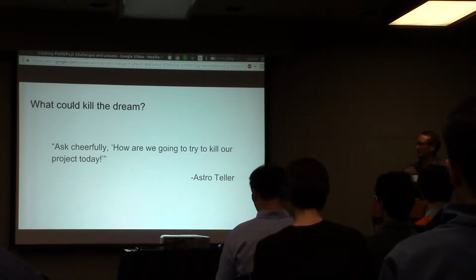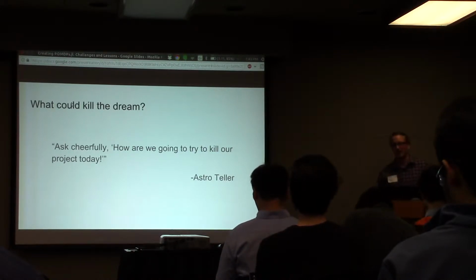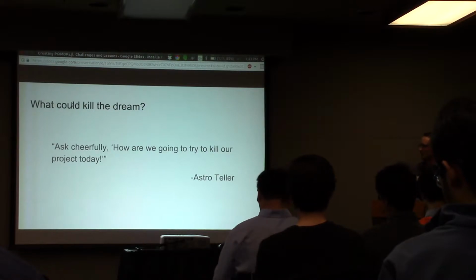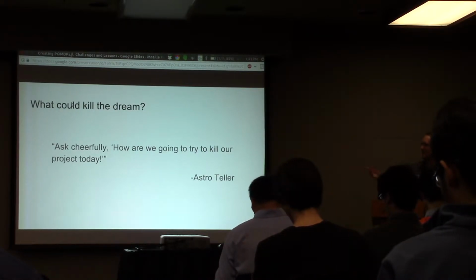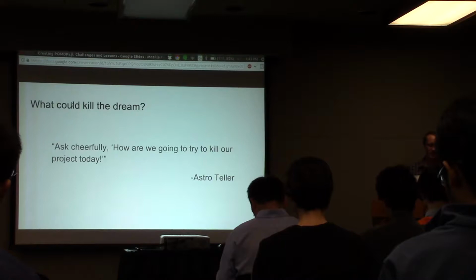But in order to do that, there are a lot of challenges. One way to think about that is to ask what are the most risky elements of the project, or what are the hardest problems. This is something they do a lot at Google X. Astro Teller is the captain of moonshots at Google X, and one of his goals is to systematize innovation, to make innovation something you can reliably count on to happen.